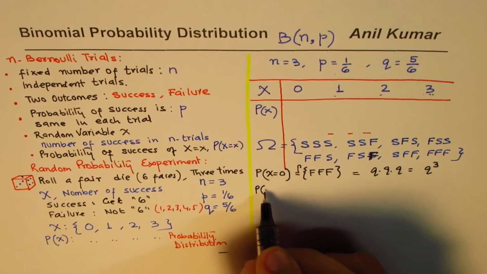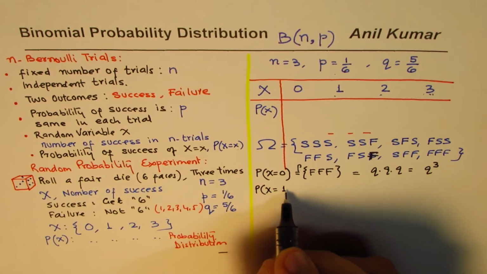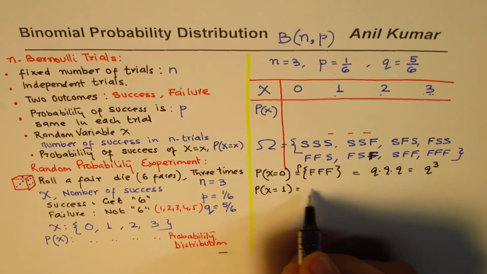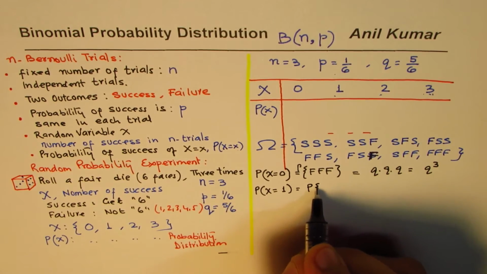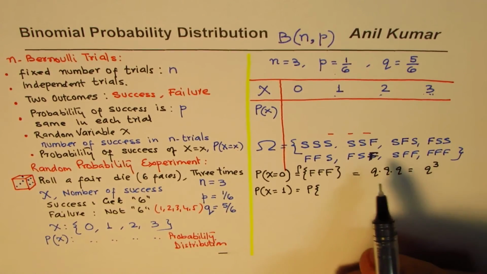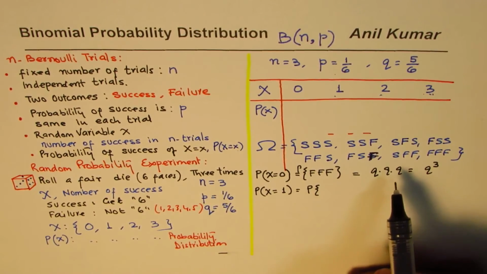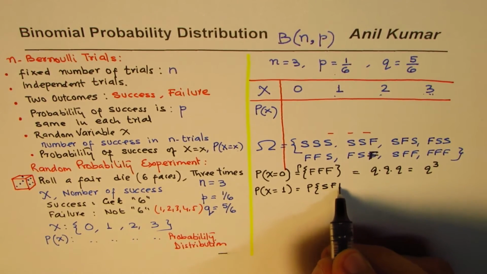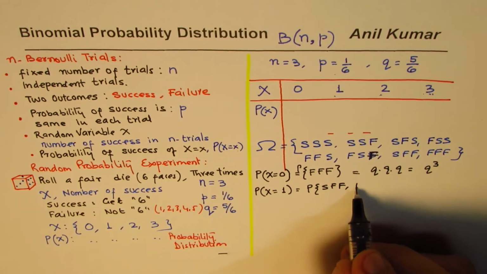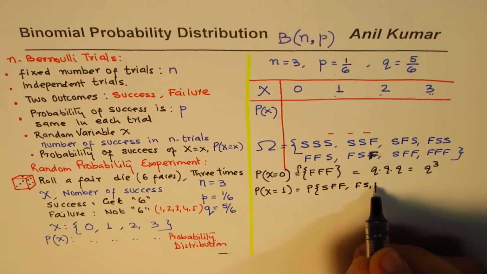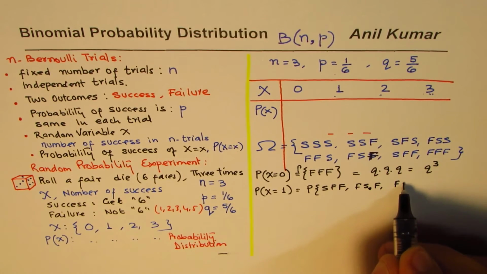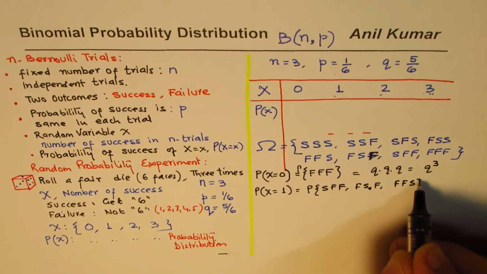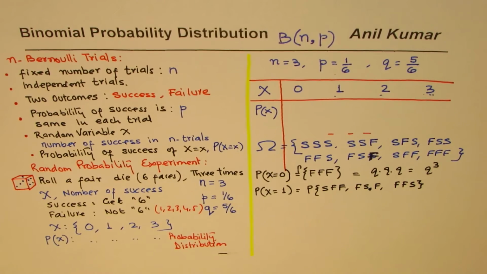How about probability for x being 1? That means one success in 3 trials. So it could be one success, 2 failures like this, or the success could be in the second trial, right? Or the success could be in the 3rd trial, but there is only one success. Do you see that?